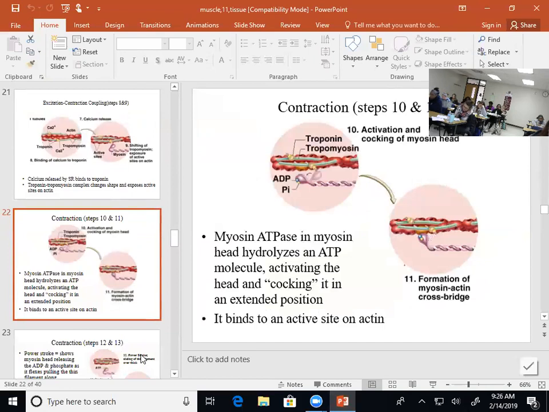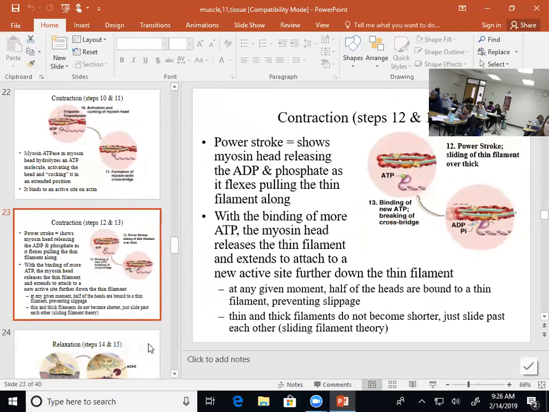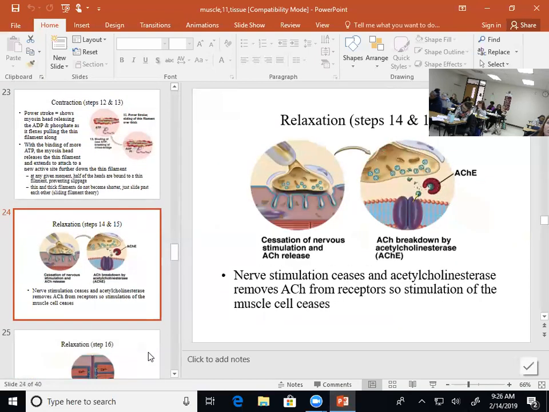You all told me to break these cross bridges, you needed what? You need ATP to break the cross bridges, didn't you? But also, at the same time, this acetylcholine, this neurotransmitter, is being diluted in the synapse.